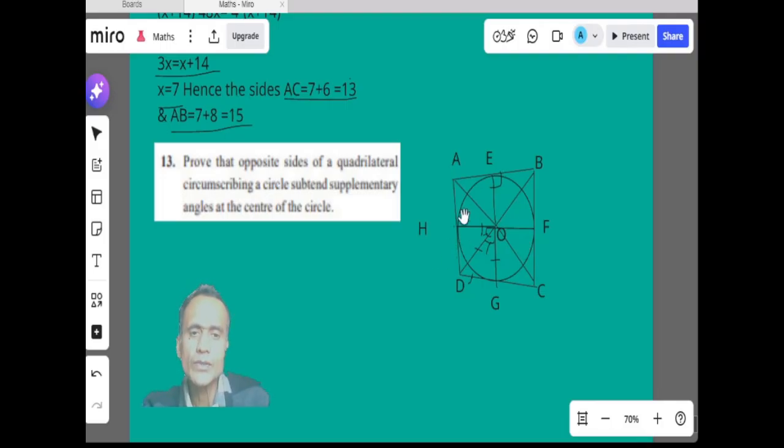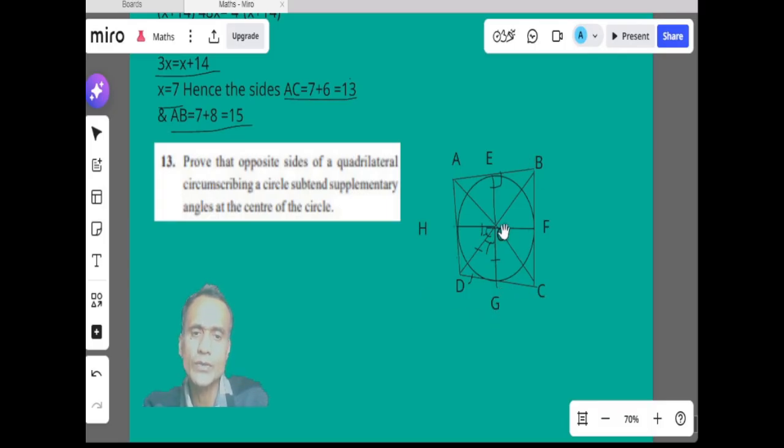We only know that since the quadrilateral is circumscribing this circle, the tangents drawn from the points A, B, C, D will be equal. So AH will be equal to AE, from D point, DH will be equal to DG, and so on.